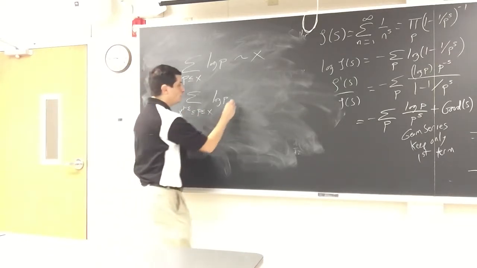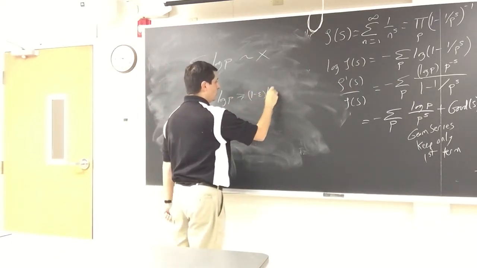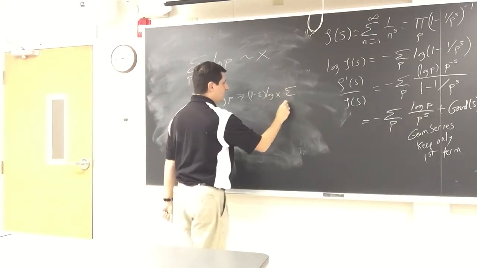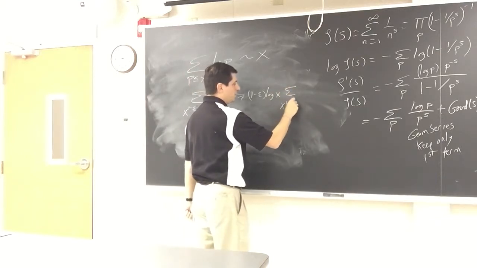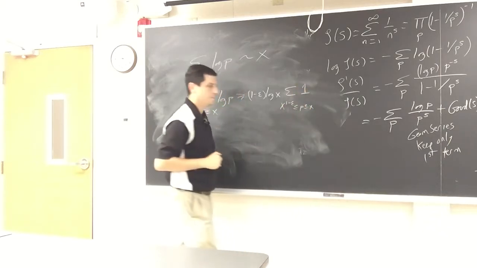So if I wanted to, as a lower bound, I could get it's greater than or equal to 1 minus epsilon log x times the sum over x to the 1 minus epsilon less than or equal to p less than or equal to x of 1.